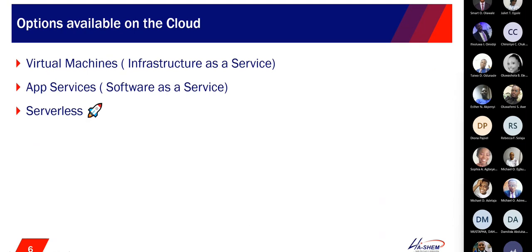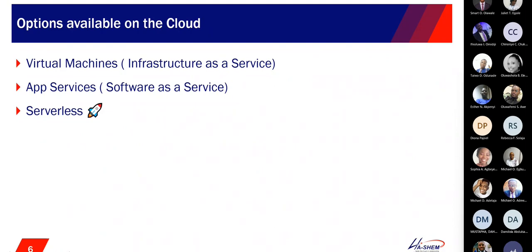Now, like I spoke earlier, there are some options available to you on the cloud when you're trying to publicly host an application, your company application, and you have virtual machines. For example, you can spin up a virtual machine, spin up a server or a web page, and then from the virtual machine serve up the web page.